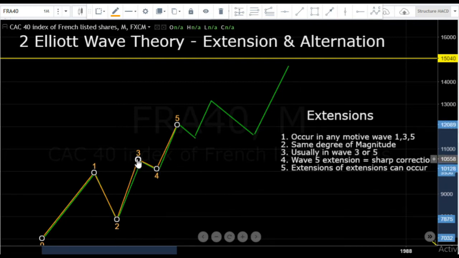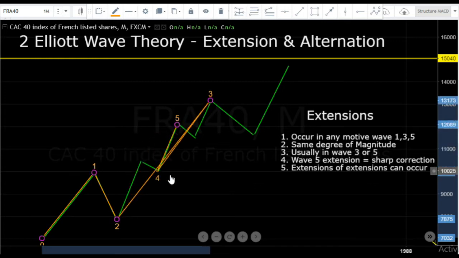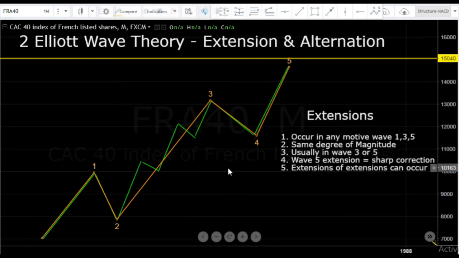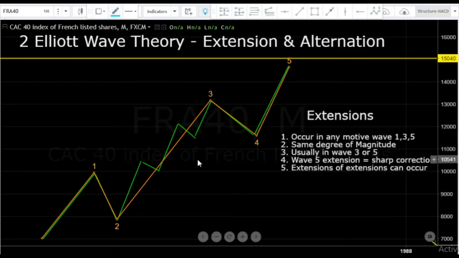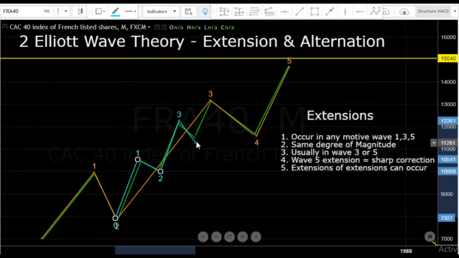Well, if we understand what an extension is, we know that 3 goes there, 4 goes there, and 5 goes there. And how do we know that? Because that's a 1, 2, 3, 4, 5, all of which make up wave 3.